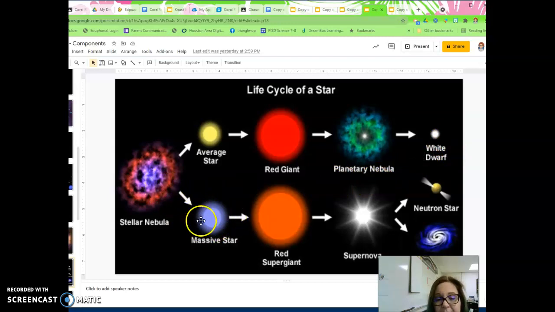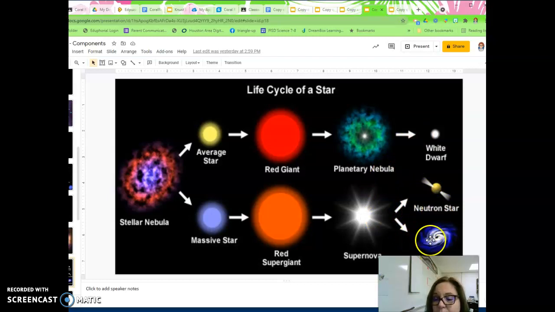If it's a very massive star, it's much brighter and hotter, but it lives for a much much shorter time, because it burns through its energy faster. It becomes a red supergiant, so even larger. It will go through a supernova instead, meaning the entire core collapses upon itself and then explodes. And then again, depending on its mass, will have one of two endings.